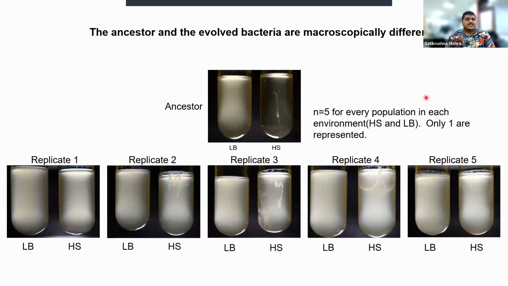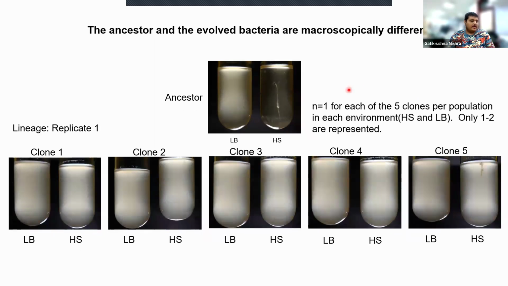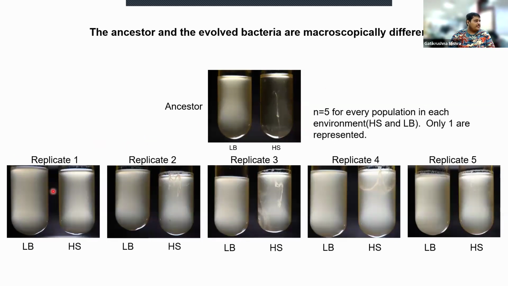And this is not just in terms of clusters, not just in terms of macroscopy. We also did colony counting, CFUs. And okay, let me just show. So each replicate also has five clones, which we have isolated from the 50th day tube of each replicate.